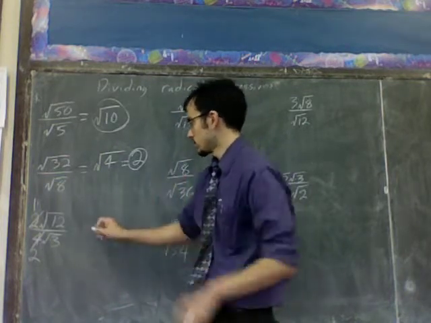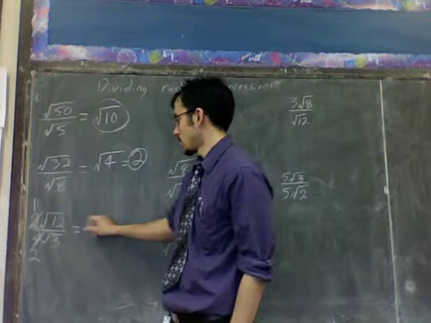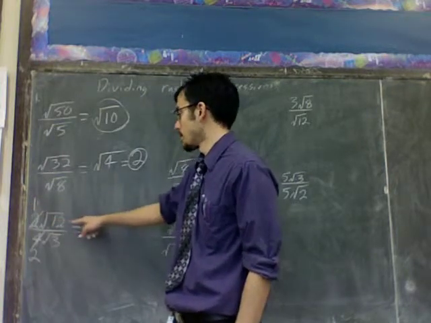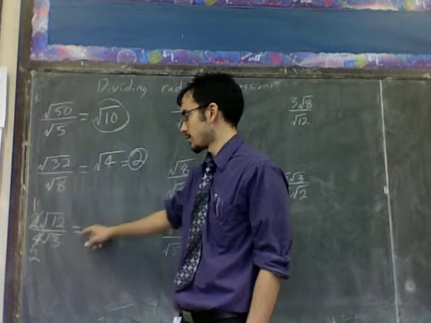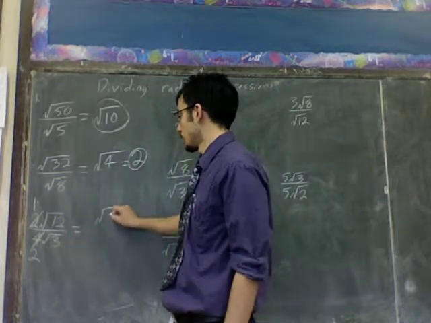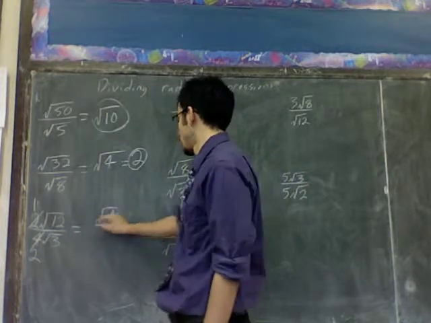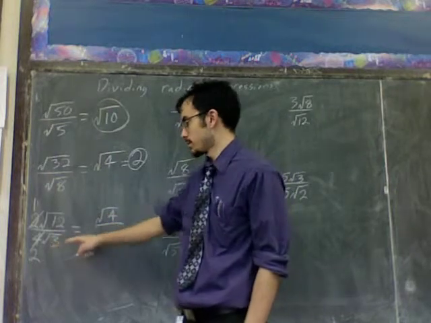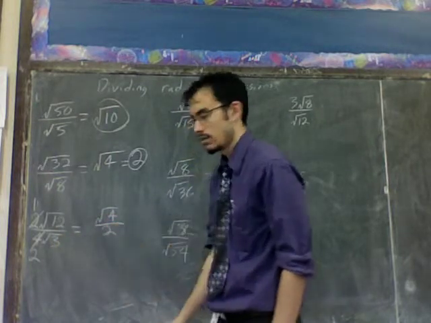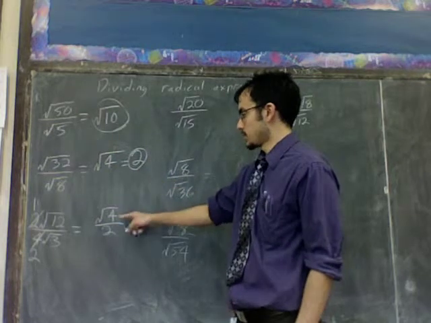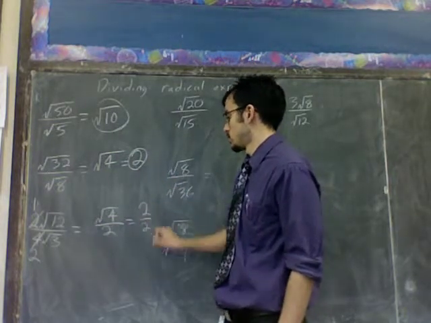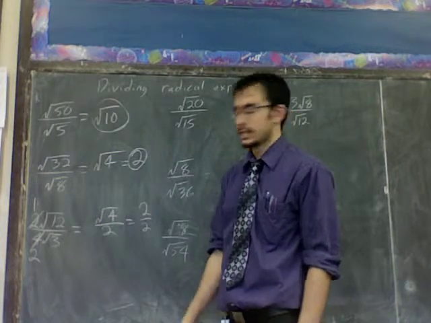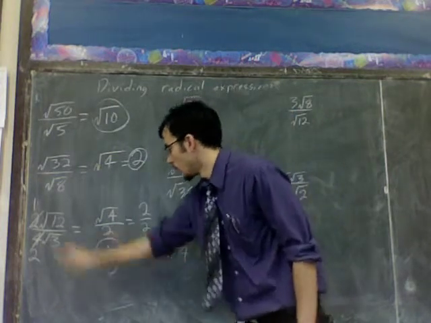Let's clean this up. I don't really need to write the 1 up here anymore. But the square root of 12 divided by the square root of 3 is the square root of 4, and there's a 2 in the denominator. Okay, so I get a 2 there. Just like the last problem, the square root of 4 is 2. And that's over 2. Anything divided by itself is just 1.